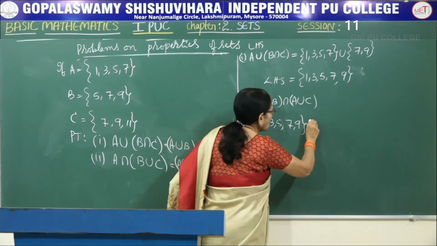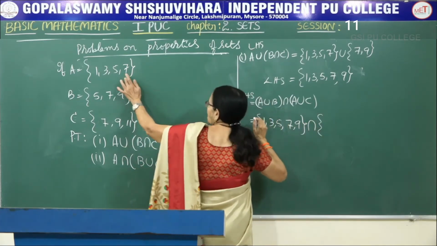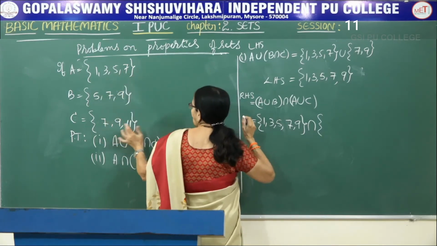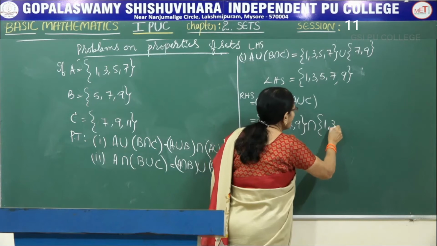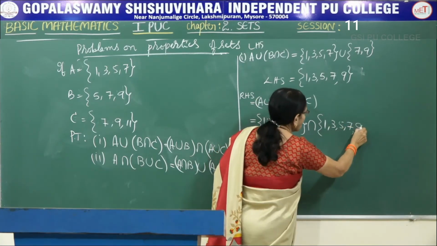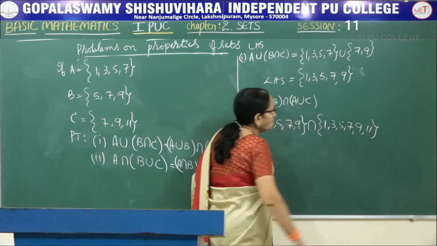Okay. Intersection A union C: 1, 3, 5, 7 and 7, 9, 11. So it is 1, 3, 5, 7, and 7 need not be written again, 9, 11.